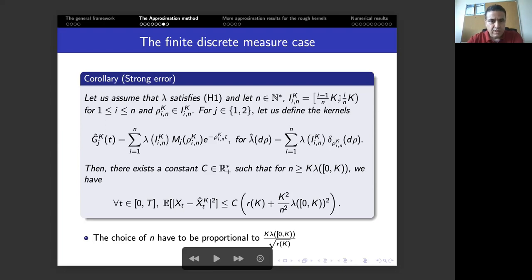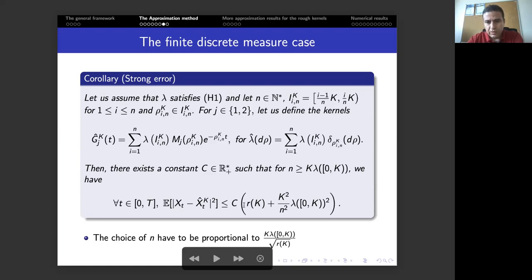So if we take this very naive approximation, then there exists a constant c such that if we have enough points, n large enough, then the strong error between the original stochastic Volterra equation and the x hat k behaves like our upper bound r of k.